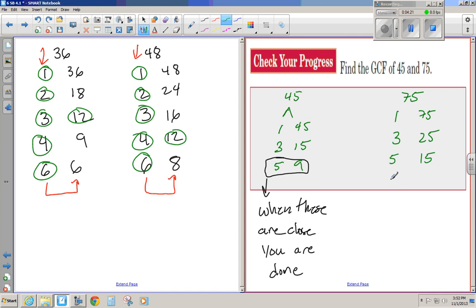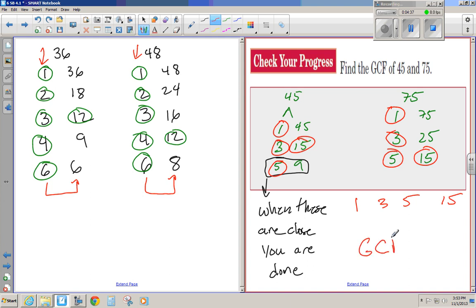No. So this is it. So let's circle the common ones: 1, 3, 5, 15. So the common factors are 1, 3, 5, and 15. So the greatest common factor is 15.